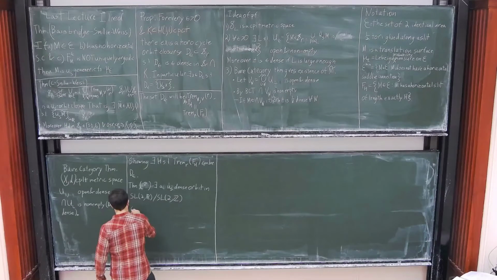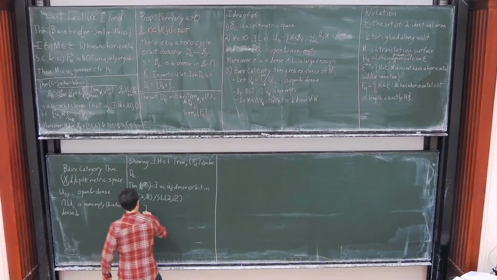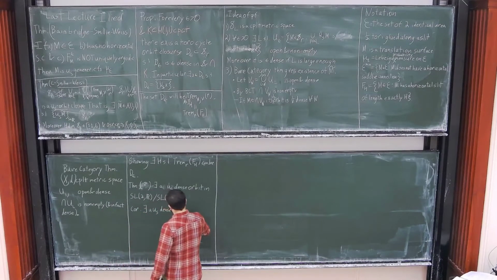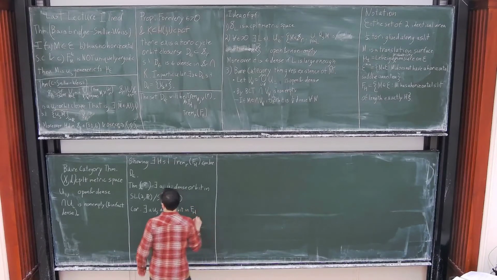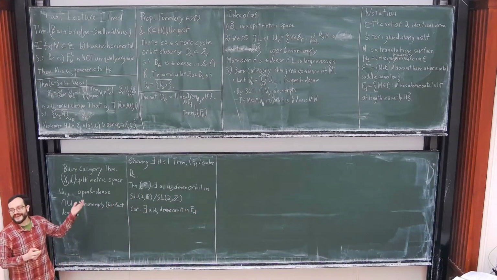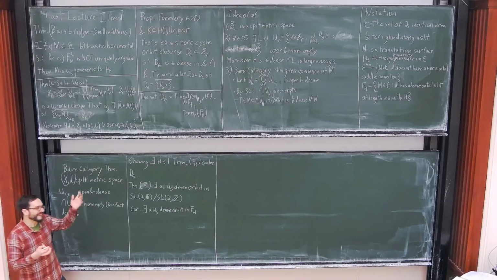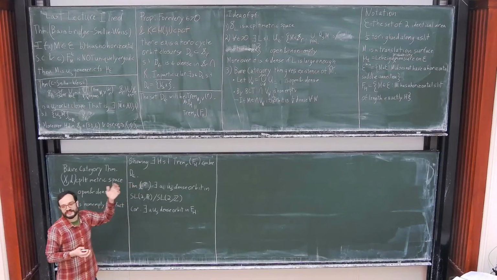And thus, corollary, there exists a US dense orbit in F of H. Hedlund, or would this be even older? Okay, so this is old. It goes back at least to the 30s.